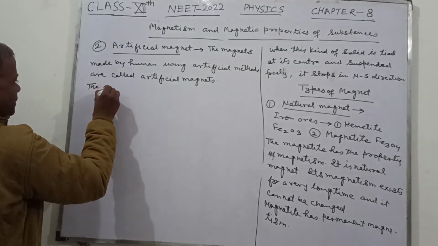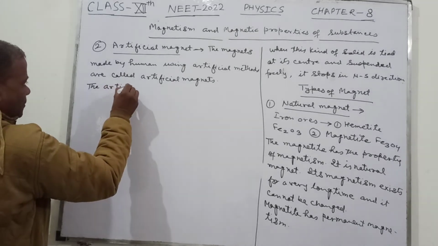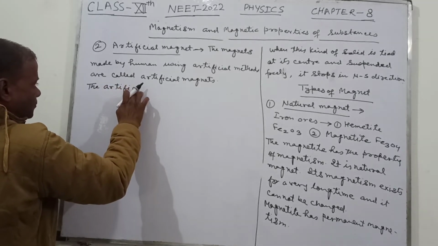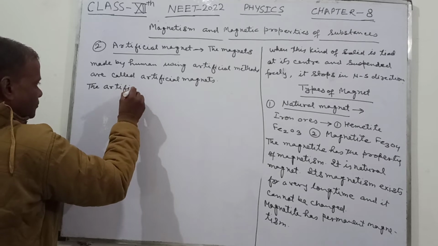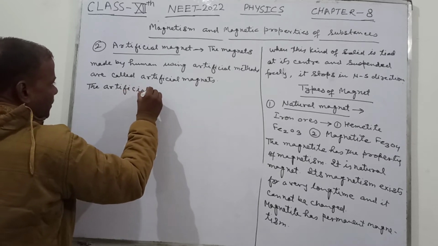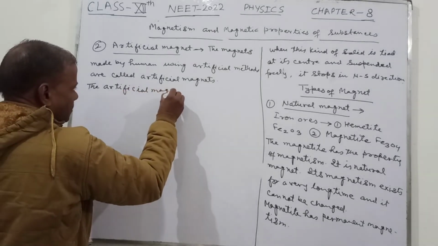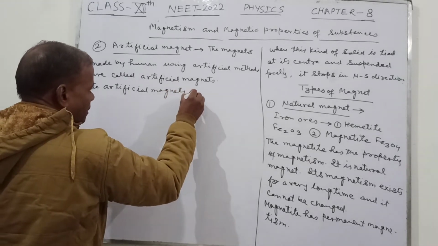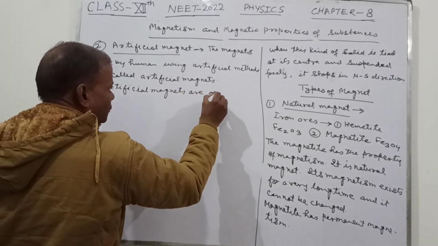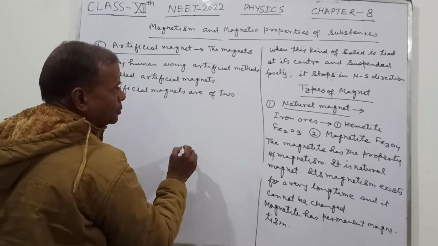The artificial magnets are of two types.